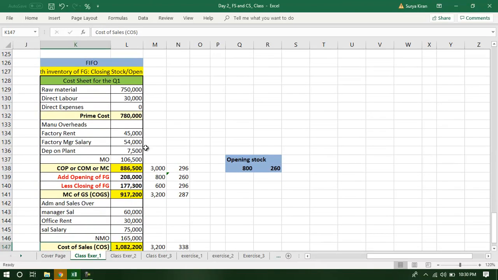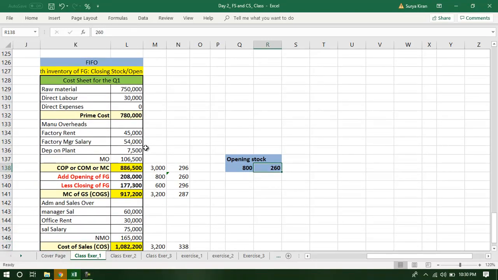The final one, let us take opening stock information also. Suppose, all other things remaining constant, there is an opening stock, all others are the same. Raw material, labor, expenses is the prime cost, plus factory rent, manager's salary, depreciation is the manufacturing overhead, and the cost of manufacturing is 886,500, no difference.